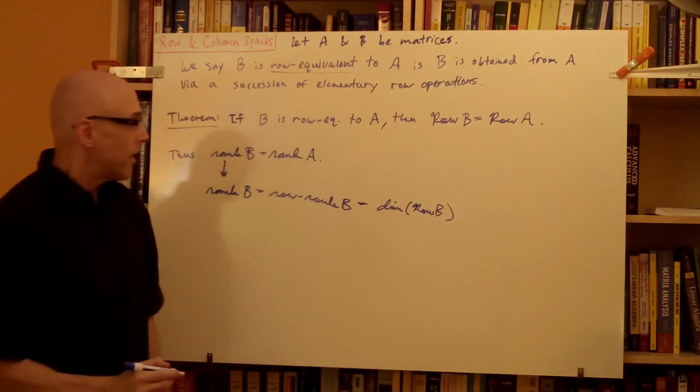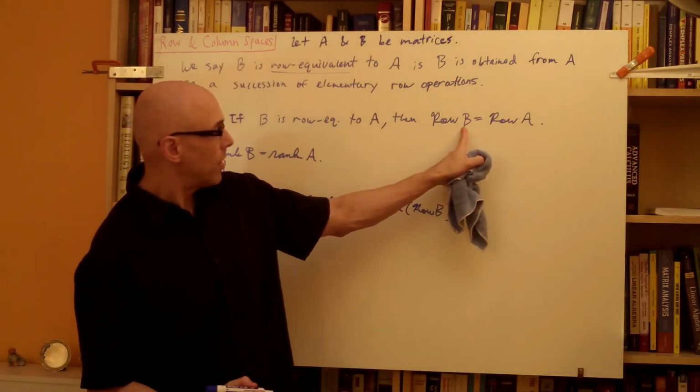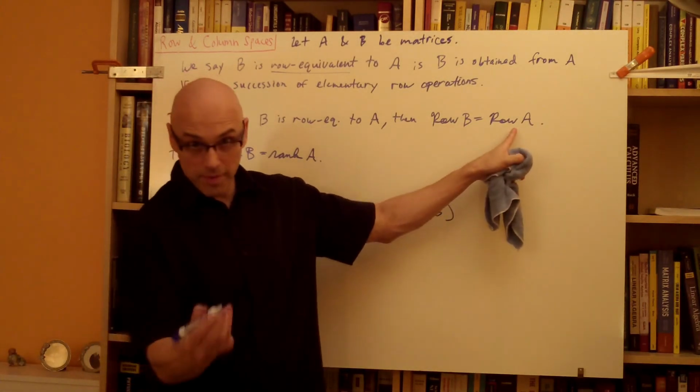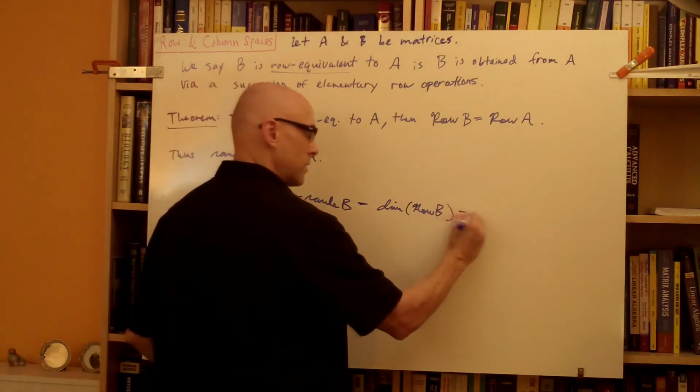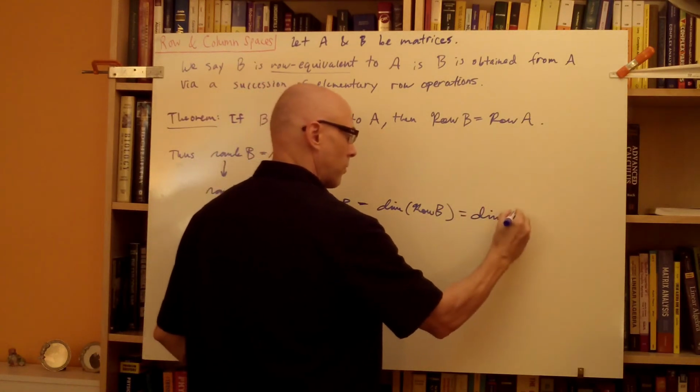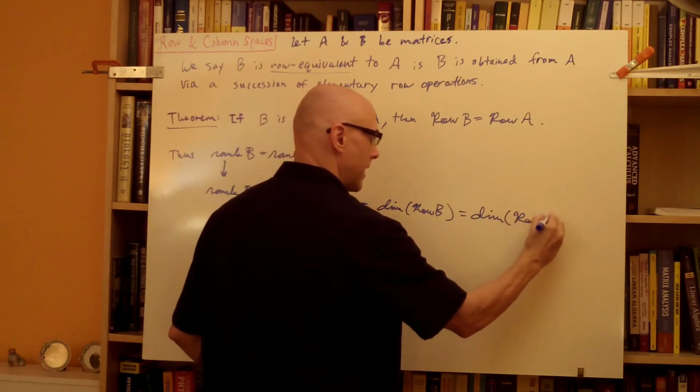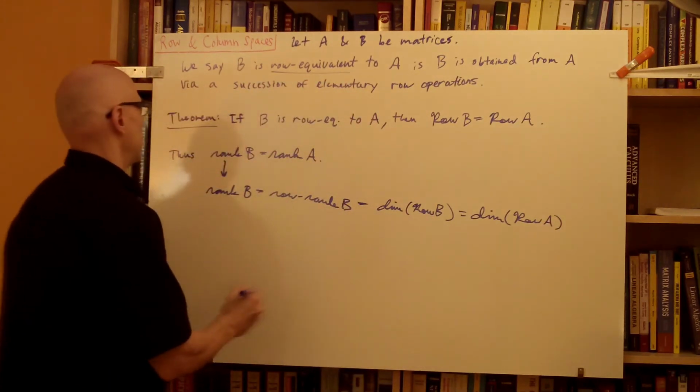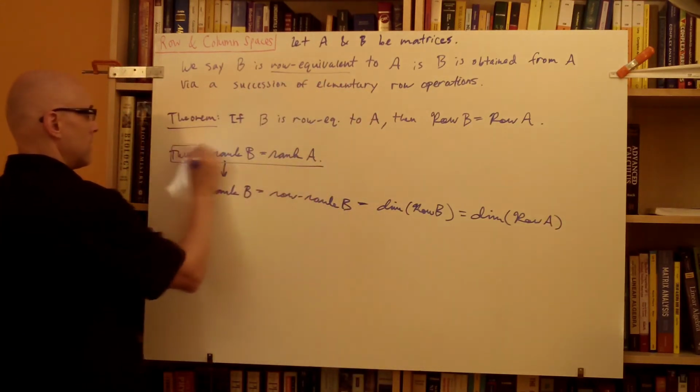Okay, but the row space of B is equal to the row space of A. So this would equal the dimension of the row space of A.